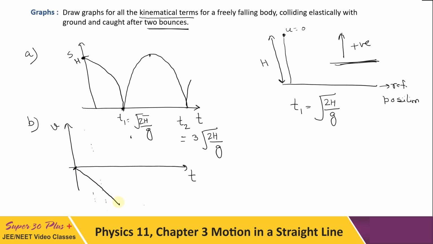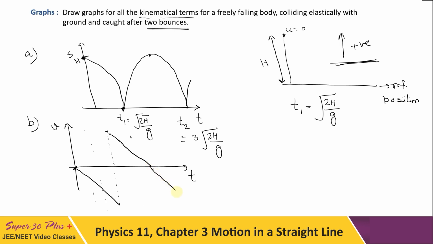It has come to the same value but in the positive direction. From here it will go on decreasing because now the ball is moving upward, so its velocity will keep decreasing till it reaches the maximum height and stops. After that it will continue moving in the downward direction.